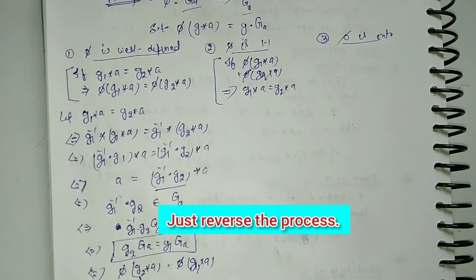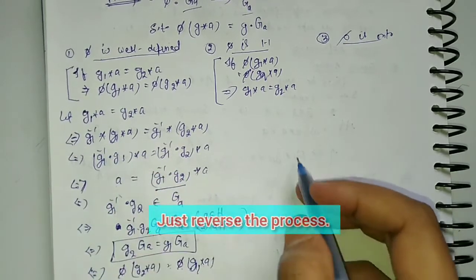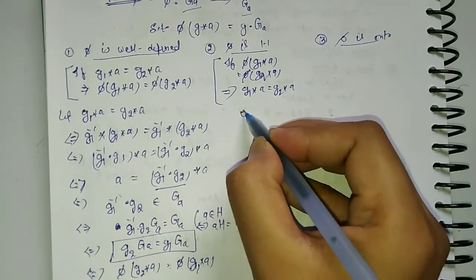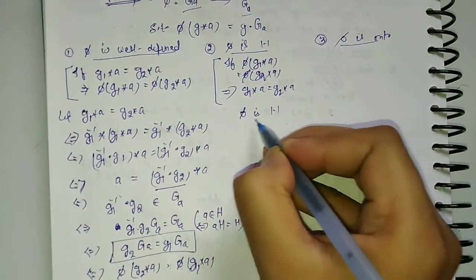We can easily prove it from this side to this side. So we can imply that phi is one-one.